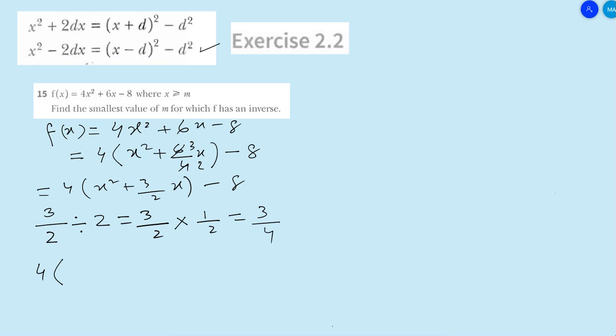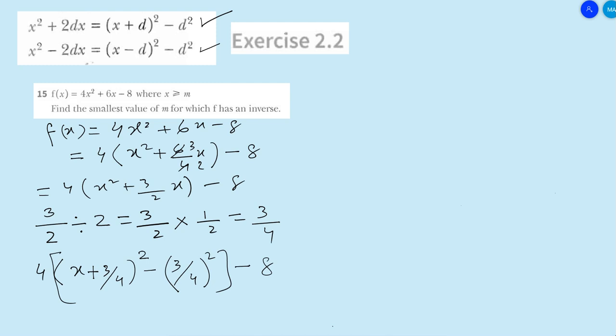So x plus 3 upon 4. I am applying result number 1, which you can see on top of the screen. (x + 3/4)² − (3/4)², bracket closed, and the −8 remains.